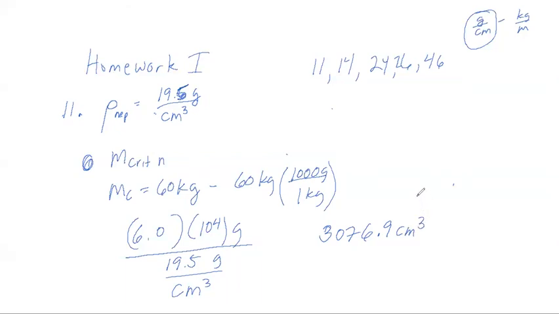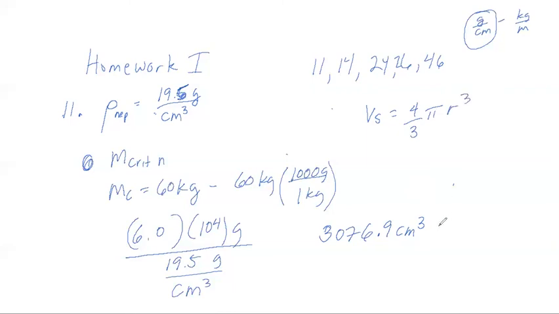All right, now I need to find the radius of a sphere. So the radius, volume of a sphere equals 4/3 pi r cubed.